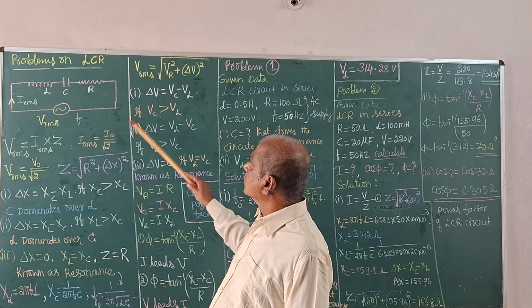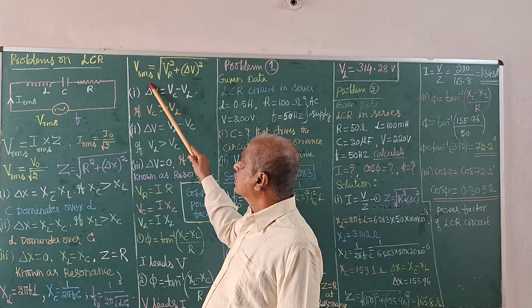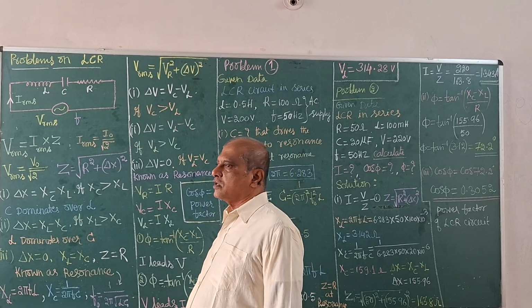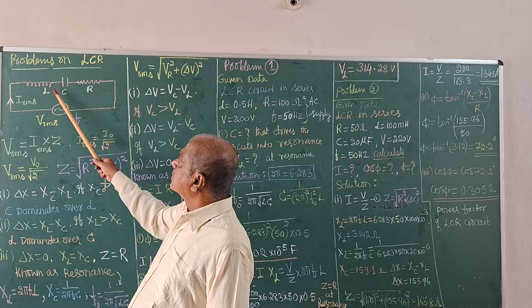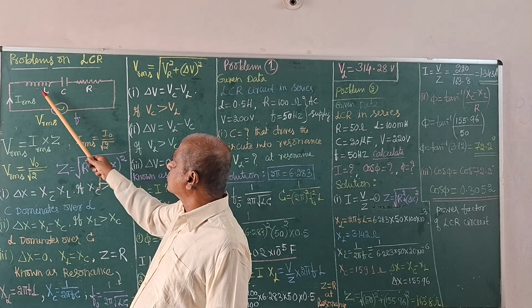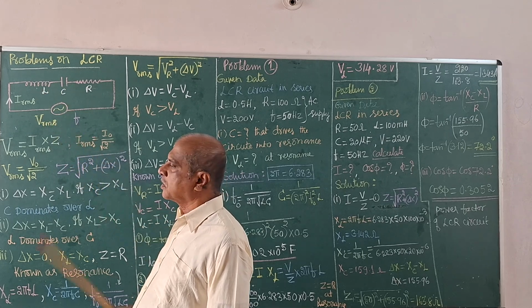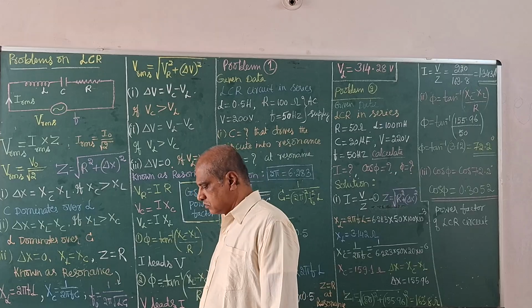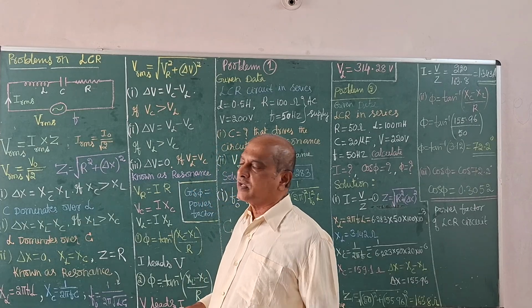Similarly, we can apply this to the voltage. In case of a DC source, the sum of the voltage drops at the different components equals the total voltage applied. But in an AC source, it is not the case.